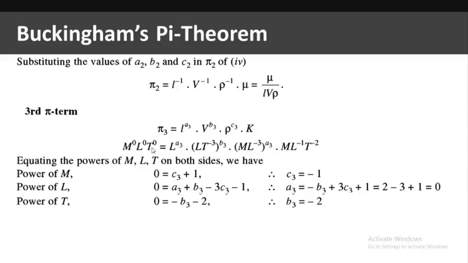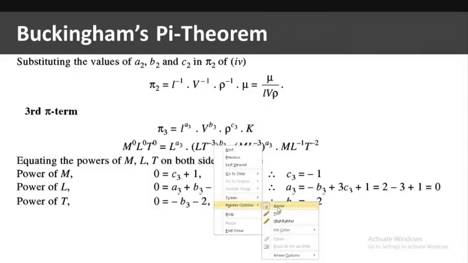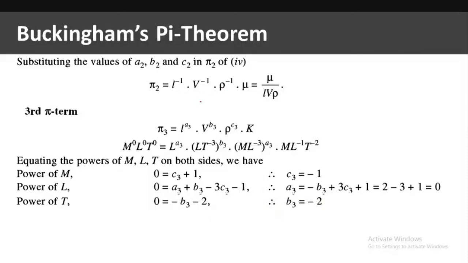So we will equate the power of t. So on left side t to the power 0, so 0. That equals to right side. So right side is here t to the power 0, so 0. T to the power minus 3 b3. Velocity, right? What is the dimension of velocity?